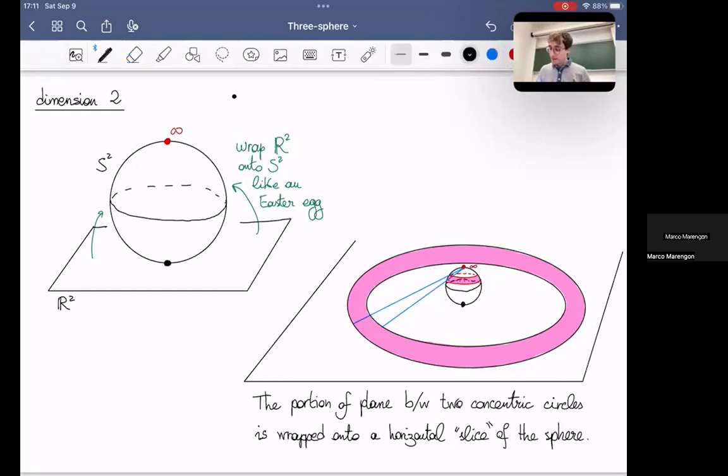And again, the thing to take away is that the two sphere, S2, is made of the plane, R2, wrapped onto the sphere, plus the point at infinity that is left out.